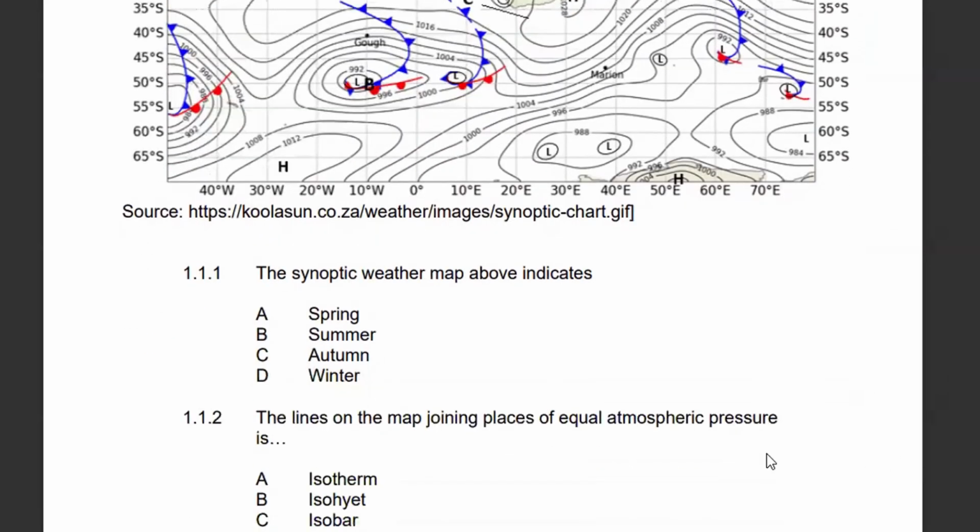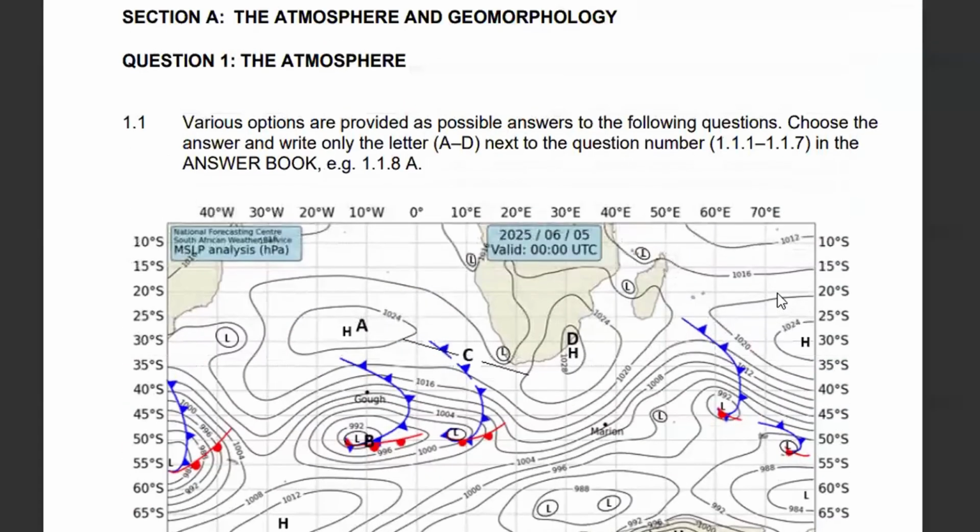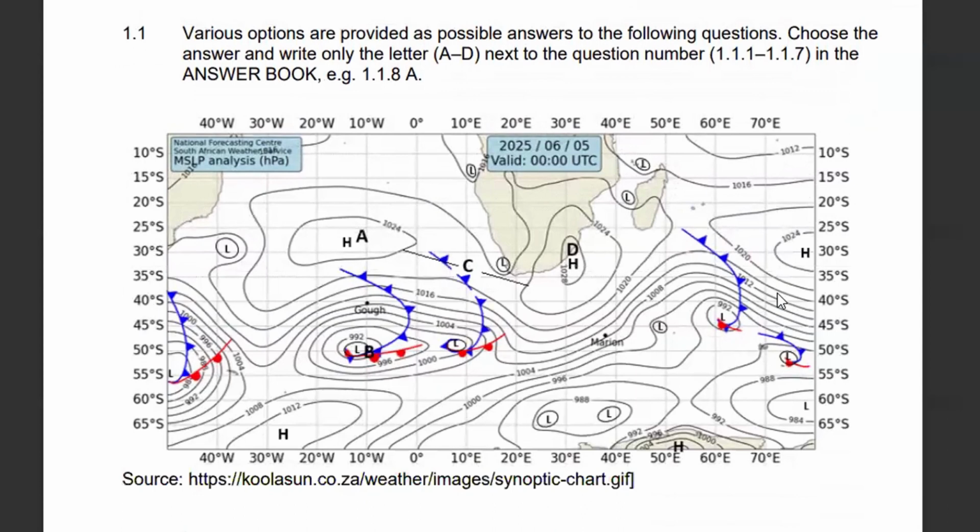For the sake of our discussion, we are focusing on the questions. The synoptic weather map above indicates, is it summer, spring, autumn, winter? If we go to our map, we find the dating of the map tells us that it is the map for 2025, the 5th of June.